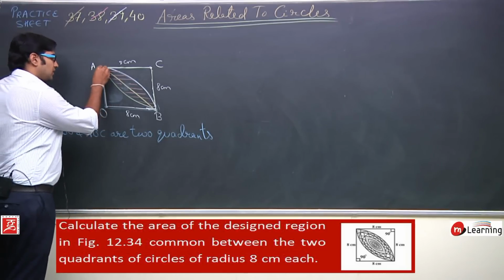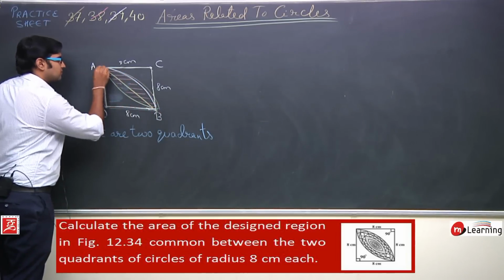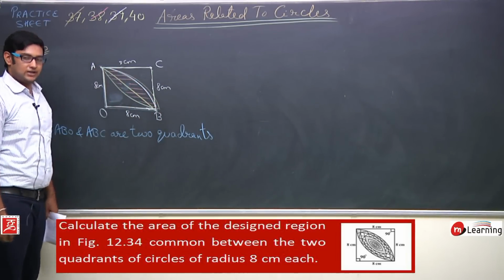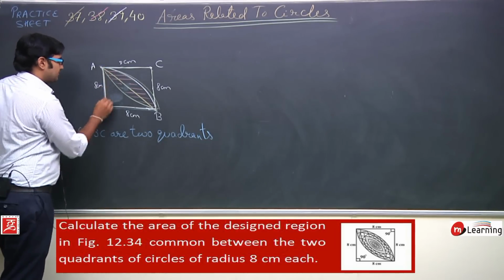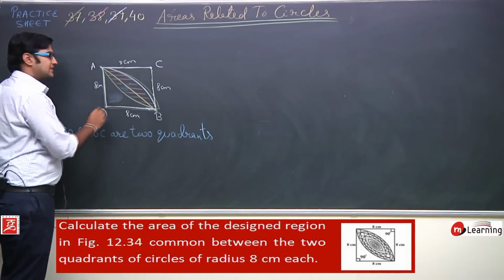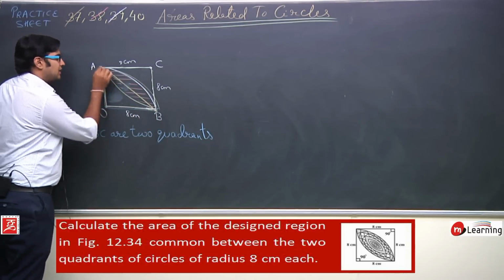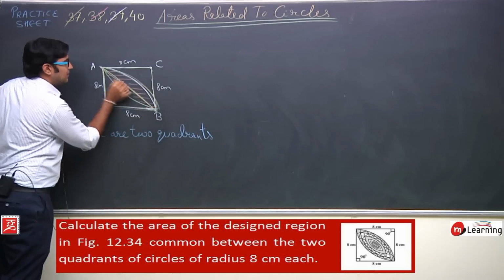Now if I consider the AOB quadrant, in it I can see AOB is a triangle and this part is a segment.